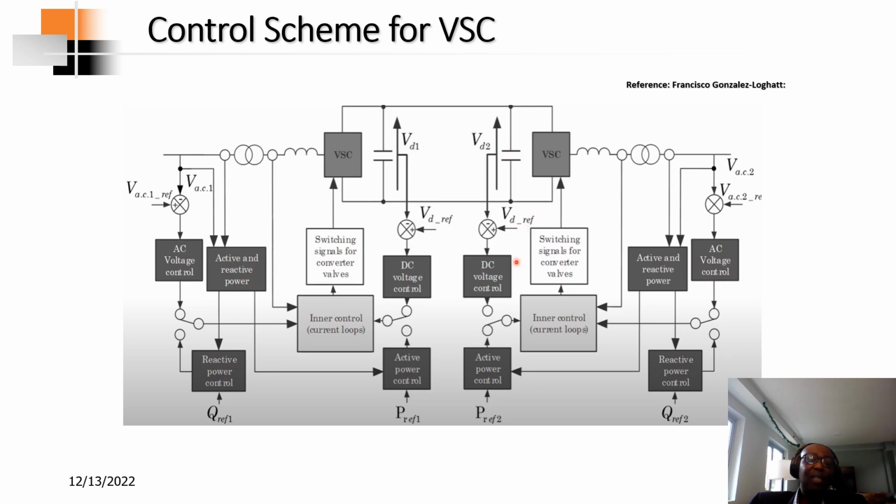The goal is to control, in the inner loop, the quadrature axis to control the reactive power to achieve the required voltage on that side. On the other hand, if we choose DC voltage control and active power control, then the goal is to control the direct axis current so that we can control the DC voltage on this link to achieve the required active power output.